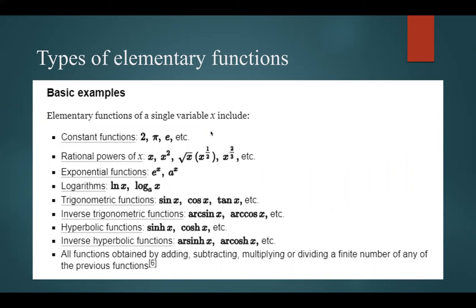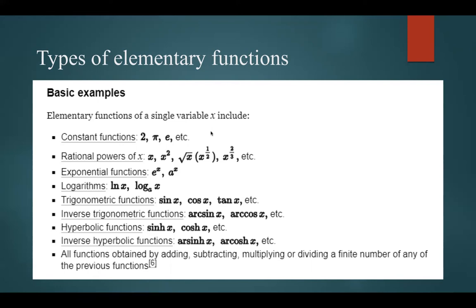It would look like this, or 2, 3, 4, 5, 6. You will have all the powers, any rational power. It may be even fractions like 2 over 3. This is also a rational power of x function. You will have x, and in the power you will have any type of rational number.